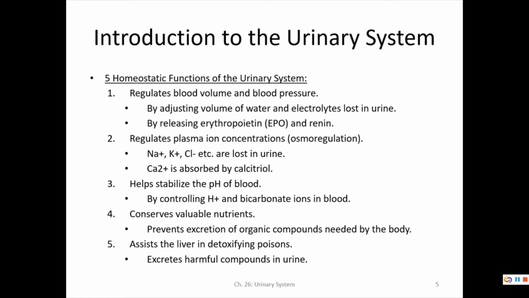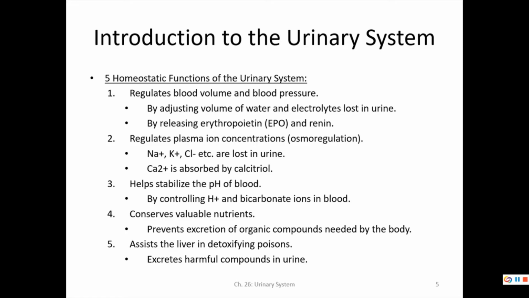Now, also, we can take our plasma ions. We know that ions are in the plasma, and we can selectively determine which ones we want to remove. For example, we might pee out sodium, potassium, chloride, calcium, whatever. Pick an ion, pretty much you're going to pee those out.